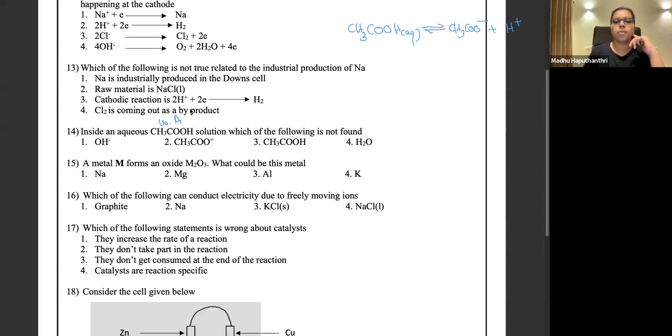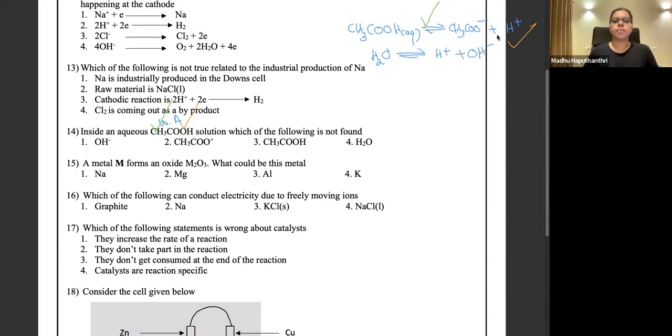So because it's an acid, H+ ions are coming out. Because it's a weak acid, it has a partial ionization. That's how you tally the two words. And in aqueous solution, water is also there. Water is also slowly releasing very small amount of H+ and OH-.